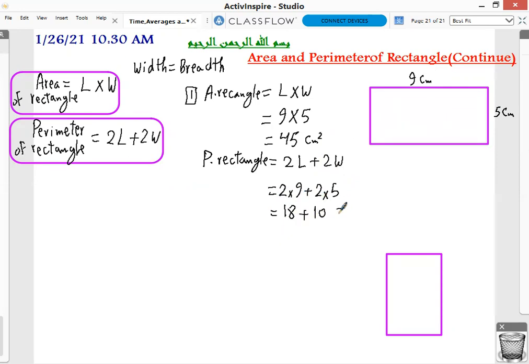If you add them, it will be 28 what? Centimeter. There is no square in the perimeter. Or by another way, you can add 9 plus 5 plus 9 plus 5, it will be the same answer. Okay?